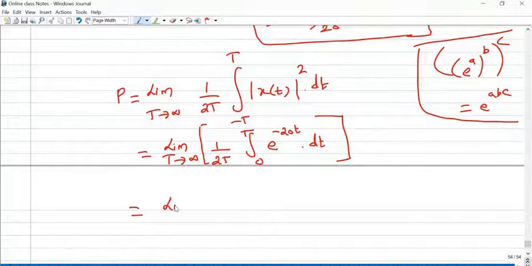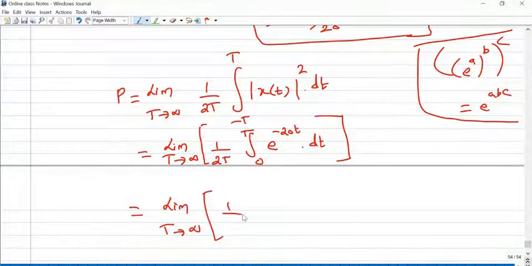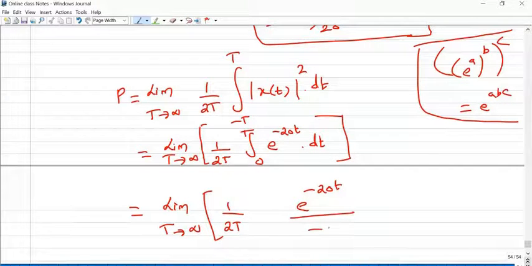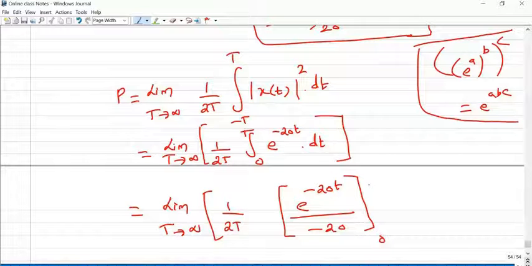So the limit t tends to infinite of 1 by 2t times e power minus 20t divided by minus 20, from 0 to t.